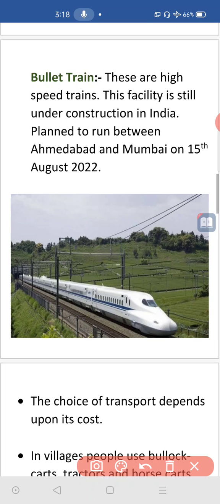But metro train only moves inside the city. So that is the difference between metro train, bullet train and normal train. Normal train can go anywhere inside our country, and it is connecting other countries also. But there will not be too many facilities in normal trains. But bullet trains are the fastest trains, and they move very fast.